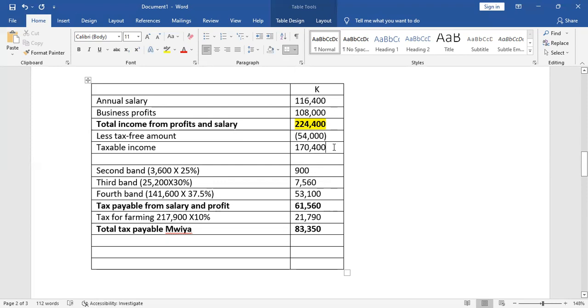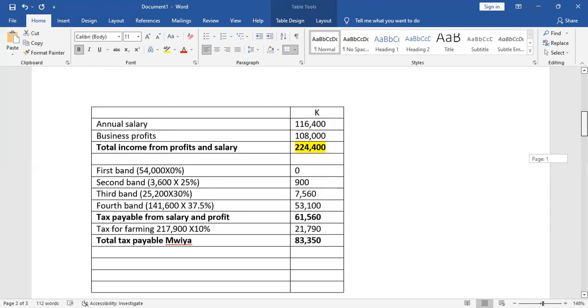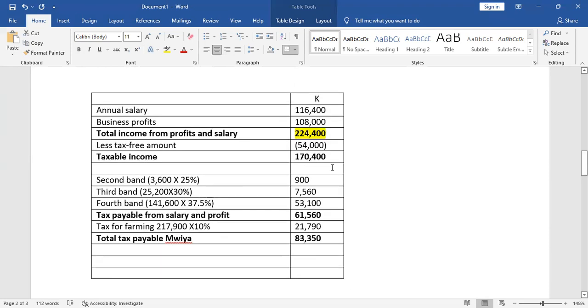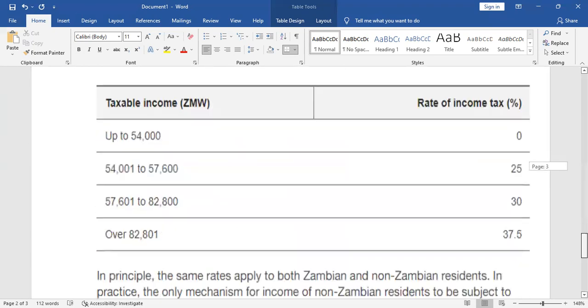So now the 170,400 is the one that we are going to subject. I'm simply doing the same thing, but this time around, I'm just removing the tax-free amount so that we can remove the amount from it. Because you might find that your examiner may be taking it in a different way, and then you feel we are doing something wrong. No, it's the same. So the 170,400 now is the one that is going to be subjected to these bands, and we shall follow them the same way.